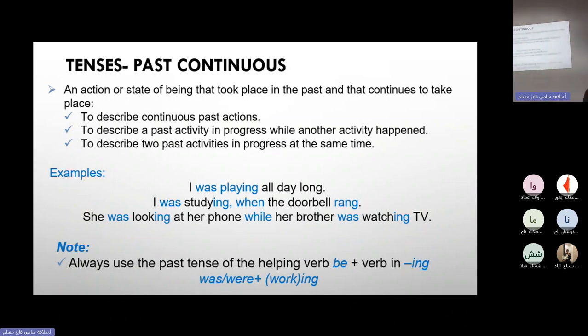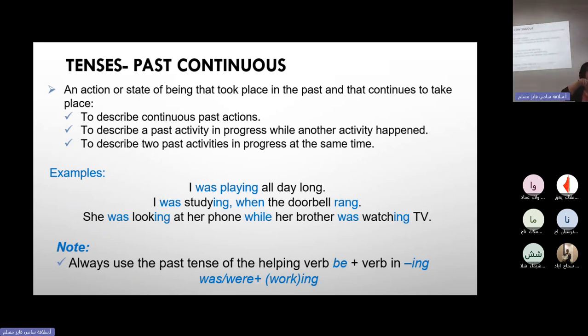Yalla ya Nursian, can you read the examples? I was playing all day long. This is to describe a continuous past action. The second one. I was studying when the doorbell rang. I was studying هذا حادثة معينة when the doorbell rang.